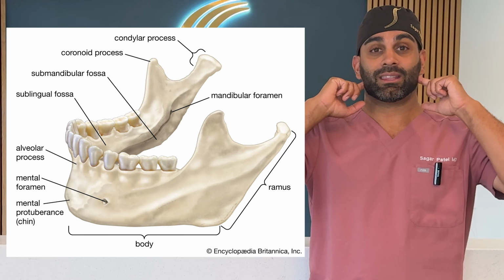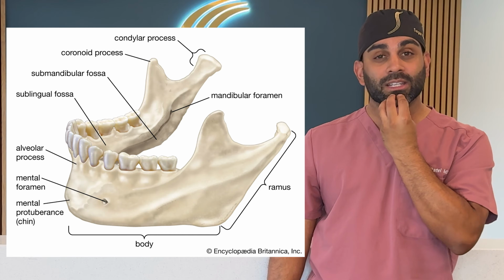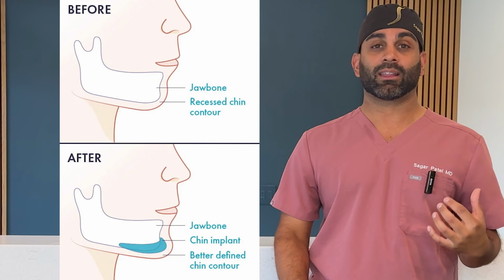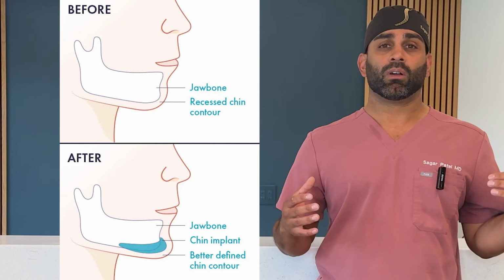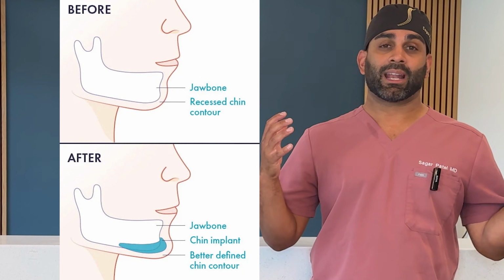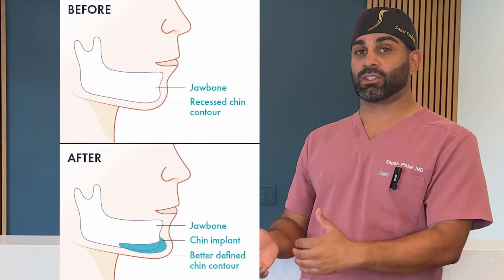Now, we have to understand a little bit of mandible anatomy to really understand what the difference is. In the mandible, we have the ramus, the body, the angle, and the menton. The menton is specifically the area that we're defining with the chin. Now, when it comes to the chin, we can have different areas of concern. We can have a recessed chin or we can have a small chin.